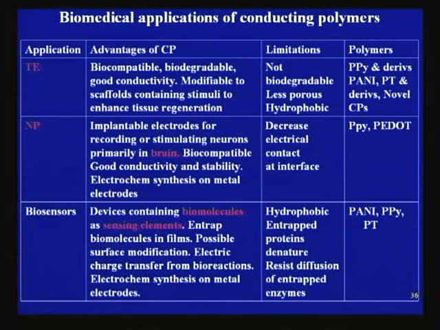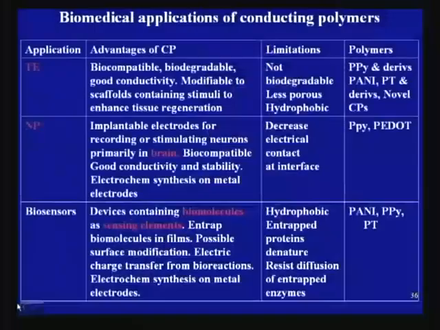There are also applications in tissue engineering. T means tissue engineering, NP means neural probe applications, artificial neural probe for sensing in sensors. I will show you some photographs or diagrams there, and in biosensors also. In all these cases, conducting polymers are used.